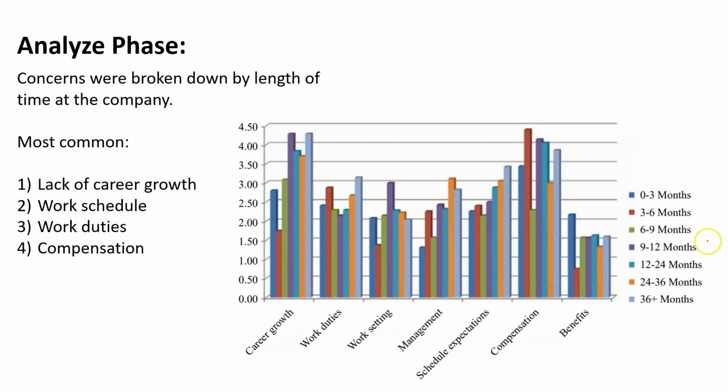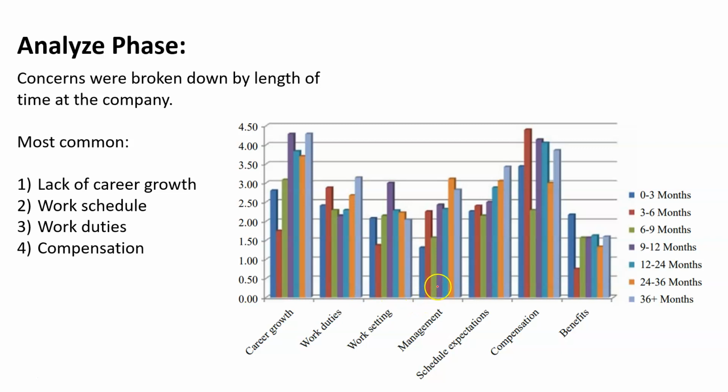You can see over here in the legend, they broke them down into 3-month intervals: 0 to 3 months, 3 to 6, 6 to 9, 9 to 12, and then all the way up to 36 months plus. The categories for why they left are down here on the x-axis, from career growth to work duties, settings, management, and benefits, and the y-axis is frequencies.